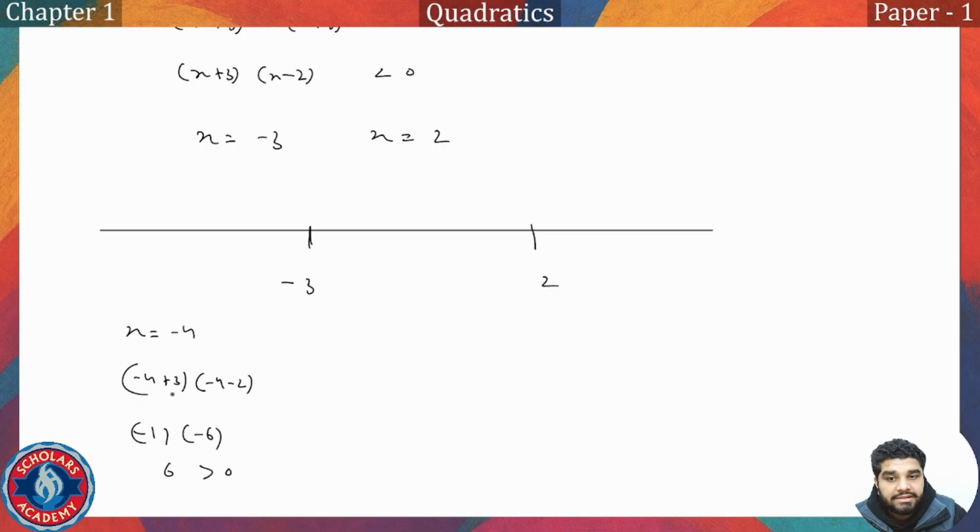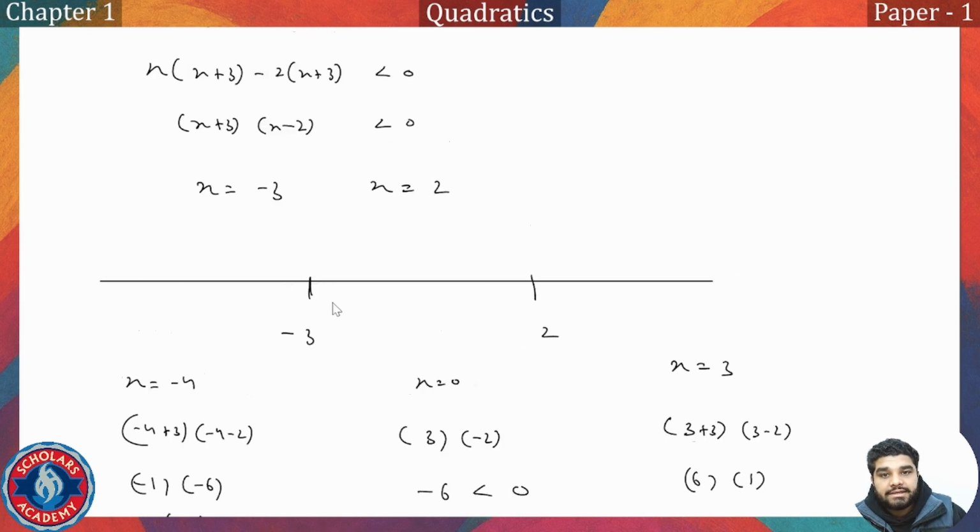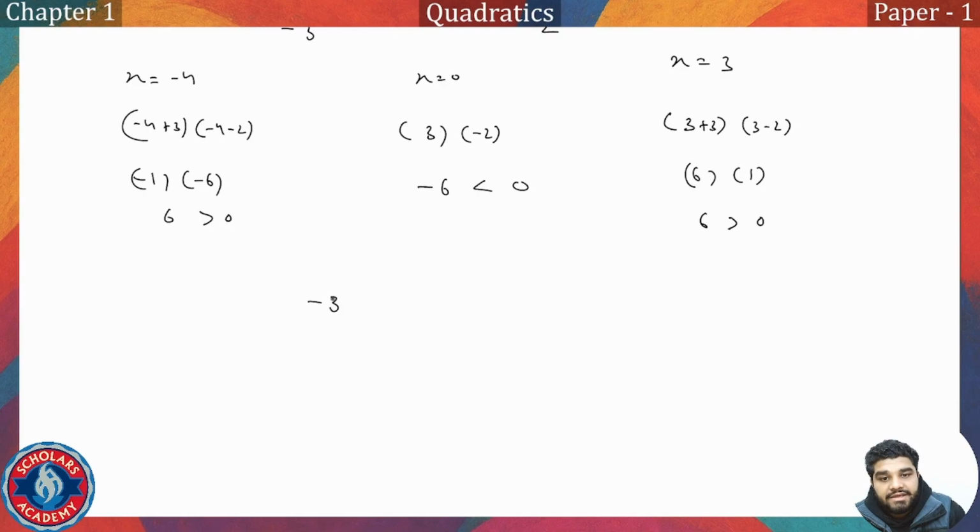So I will not take this interval. If I take x equal to 0, 3 times negative 2, negative 6, yes, less than 0. If I take x equal to 3 and substitute it over here, 3 plus 3 and 3 minus 2, so 6 times 1, so 6 is greater than 0, so we'll not take this interval as well. So the interval that we are selecting is negative 3 is less than x is less than 2. So this is our interval.